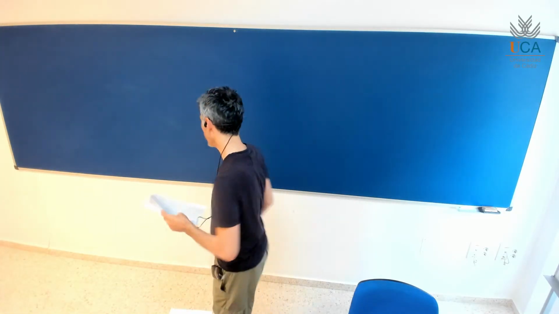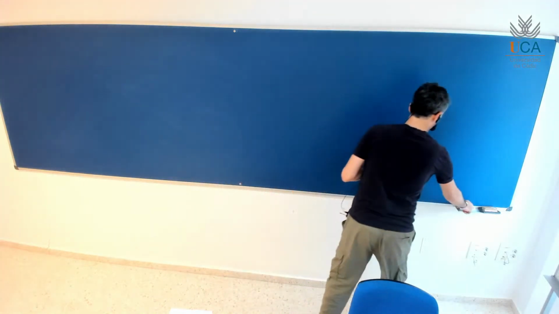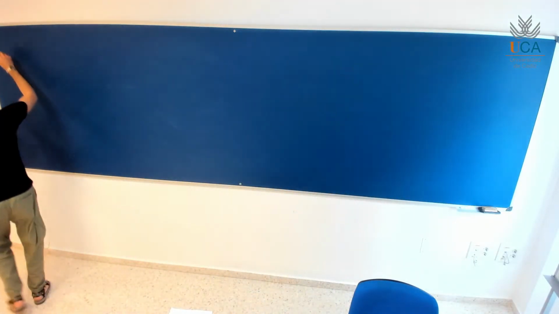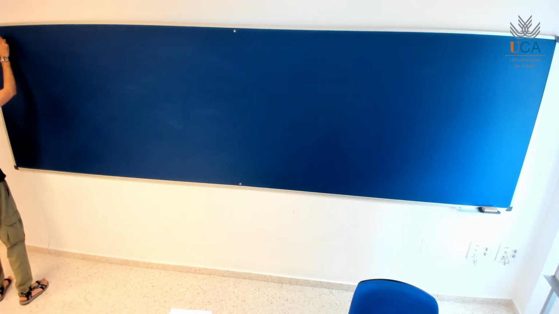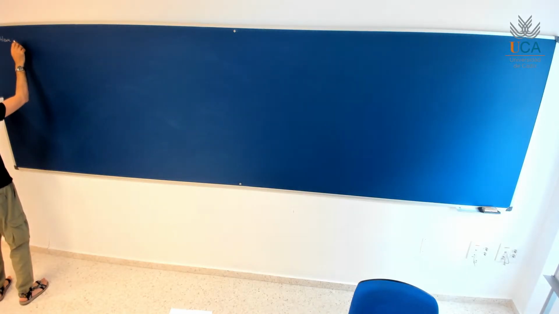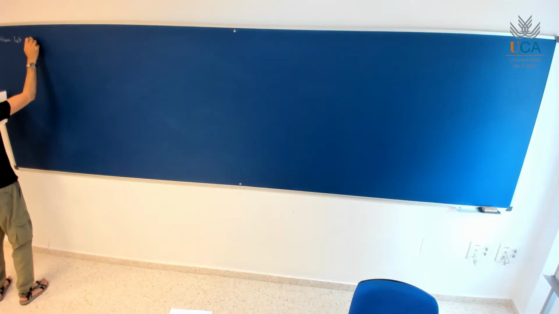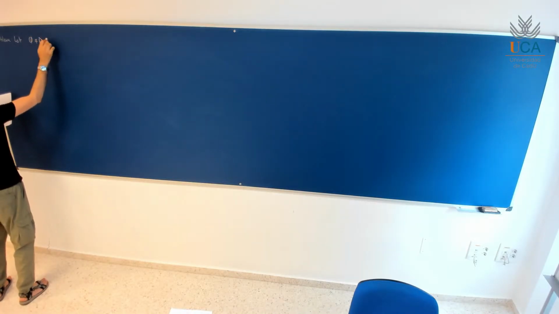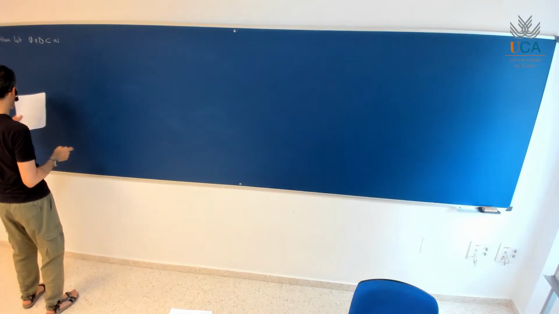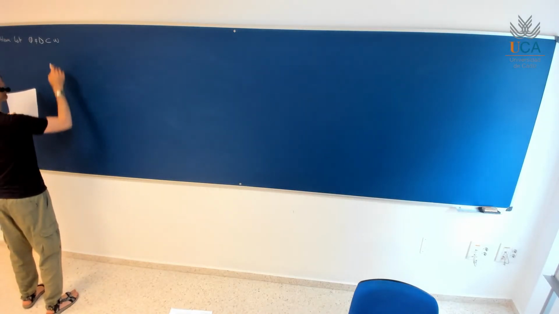So a natural question can be stated as follows. Let D be a non-empty subset of omega, which is the set of all sequences.